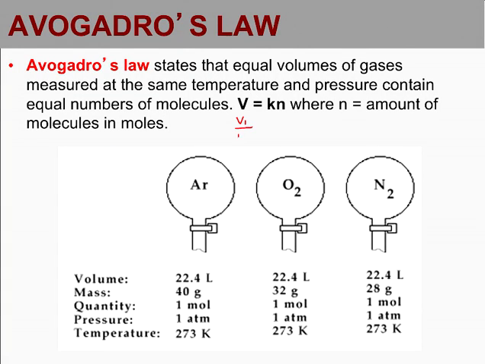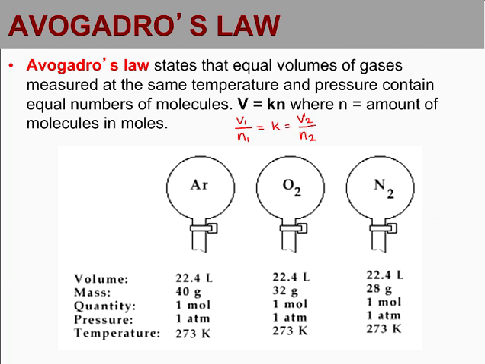So V1 over N1 equals a constant, and that same constant will equal the final volume over the final amount. So we can just set the initial amounts or volumes equal to the final amounts and volumes.